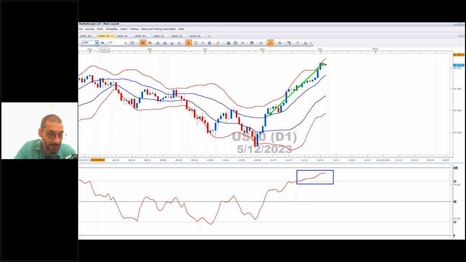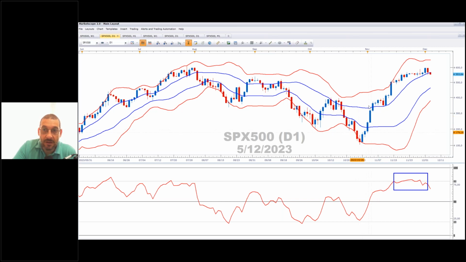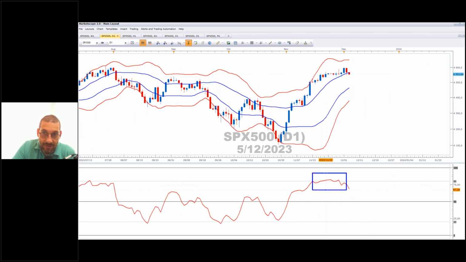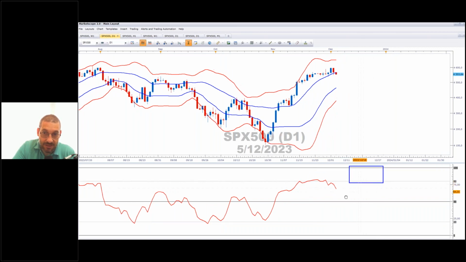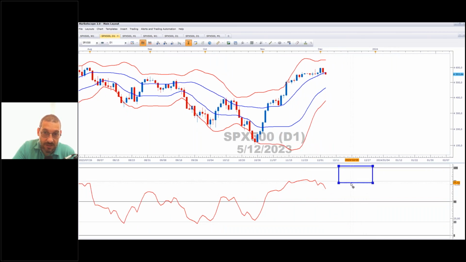Let's take a look at S&P 500. Okay, all right. S&P 500 correcting some. So this is interesting to see. We were overbought here. It's now coming back down into normal territory.